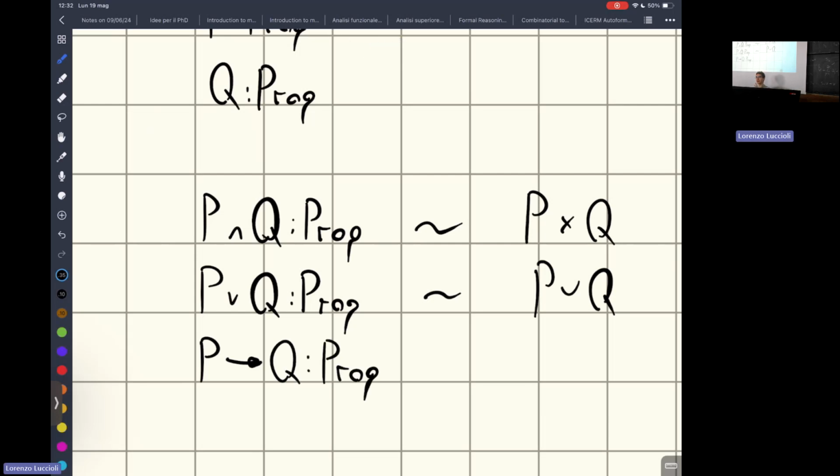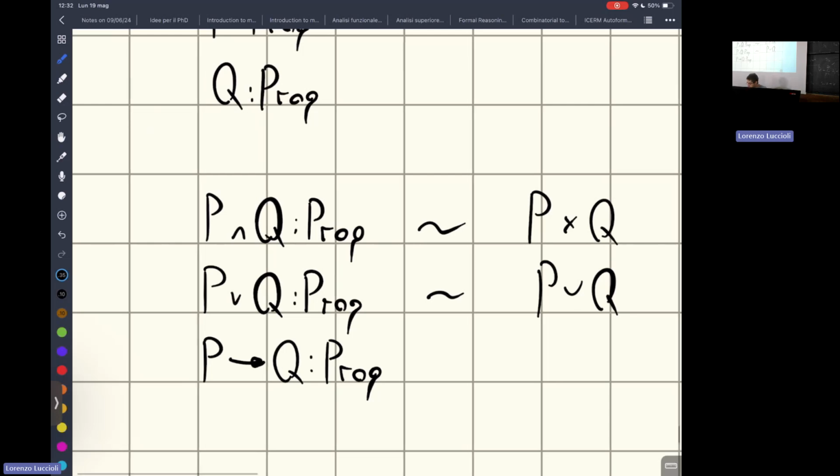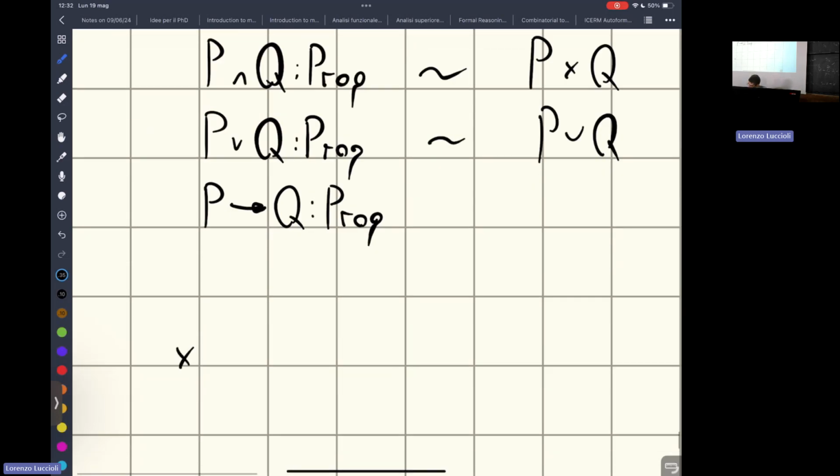And that kind of answers your question from before more deeply. Because what if I have to prove P implies Q? Well, I have to say, suppose P is true, then Q is true, right? But suppose P is true means suppose that we have a proof of P, then I can provide you a proof of Q. What is it?